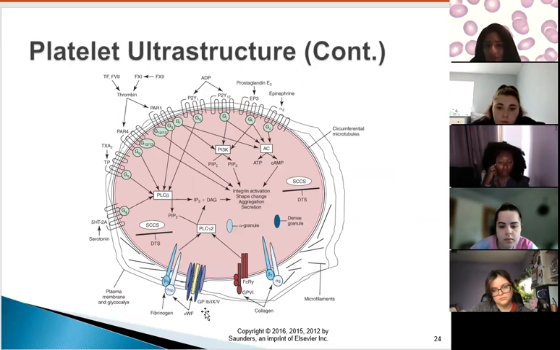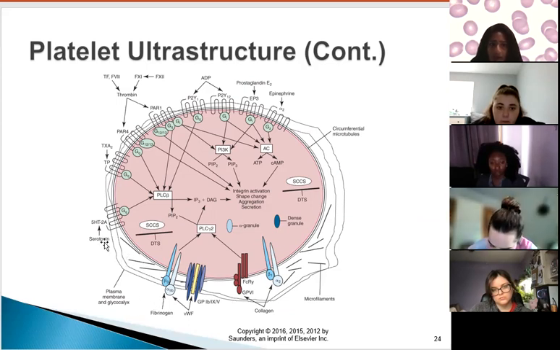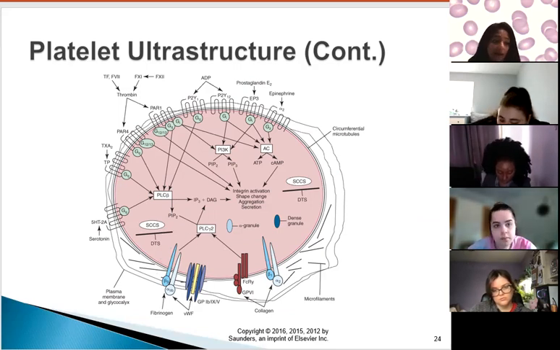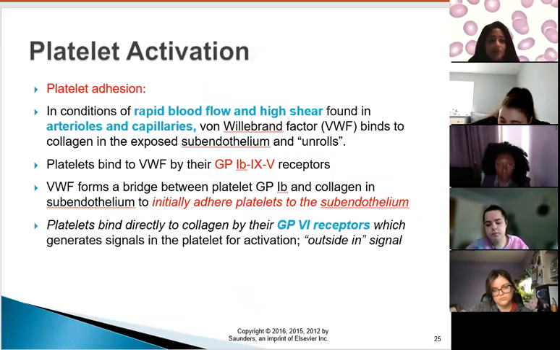You have certain receptors. If you can see here, there's one receptor called glycoprotein 1B, glycoprotein 6. It's a very important receptor as well. Okay, we have the DTS right here. So again, not to memorize any of this, but just to have an idea of where these organelles are, where they lie, basically.